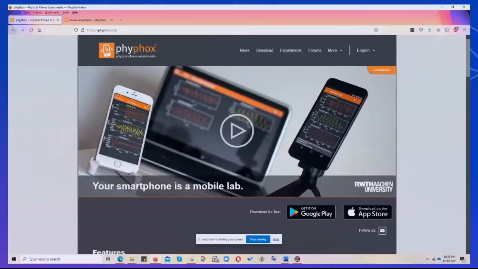My next topic is Phyphox. This is the smartphone app that I'm going to use to do the experiments. Phyphox has a variety of experiments which use your cell phone sensors, and you can do a lot of physics experiments with this.